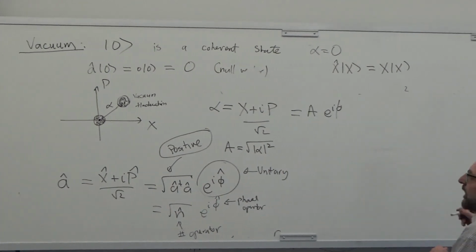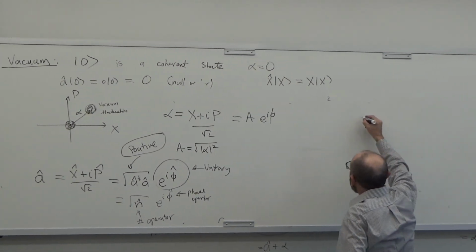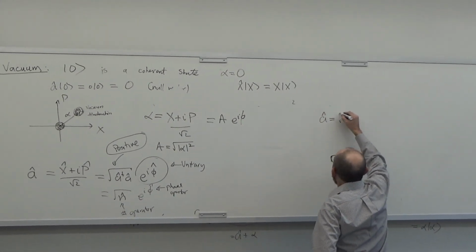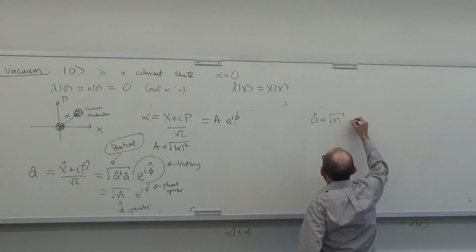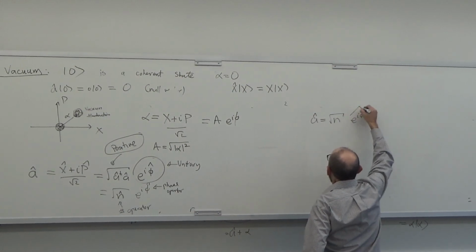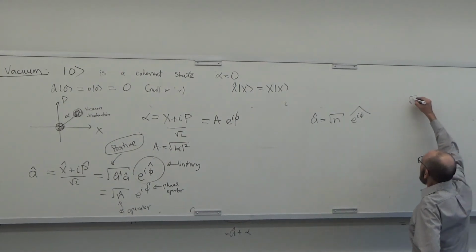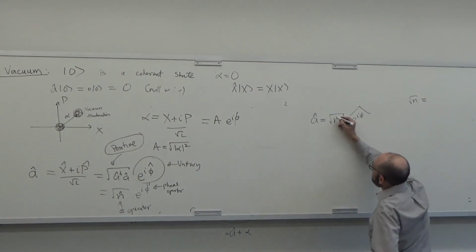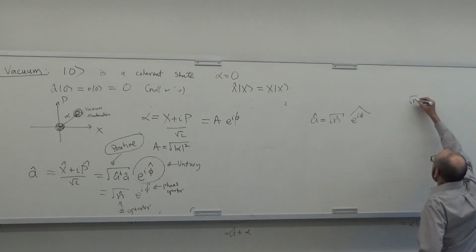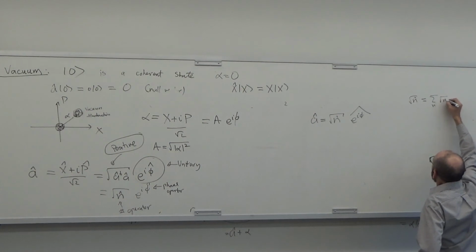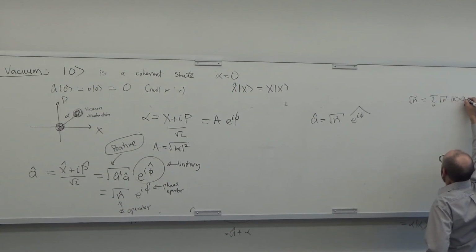So, let me define A as the square root of n times an operator I'm going to call that. I'm going to put the big hat over that, where the square root of n operator is equal to this. That's a perfectly good operator.